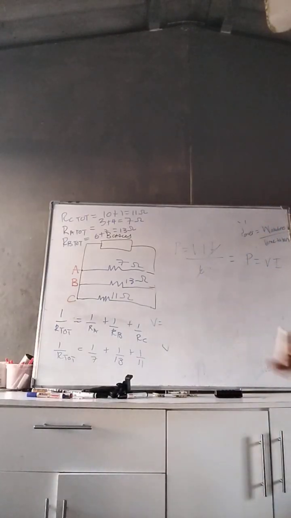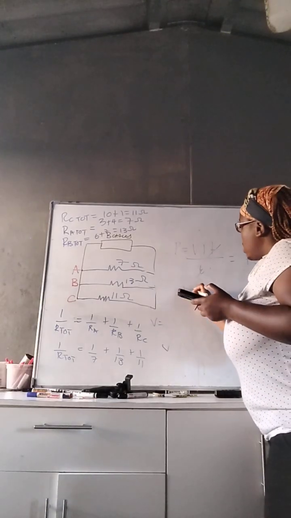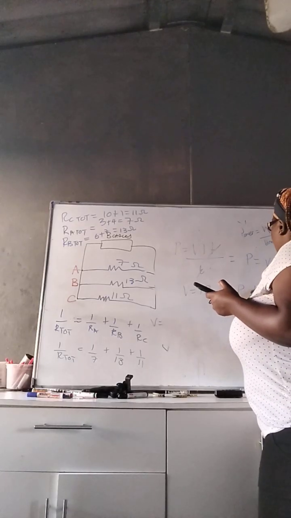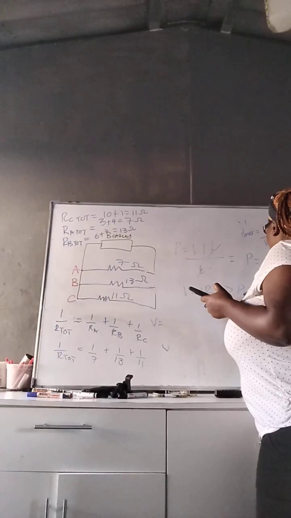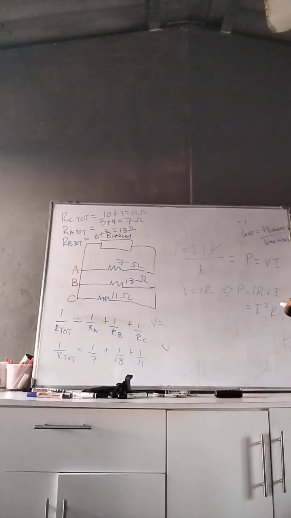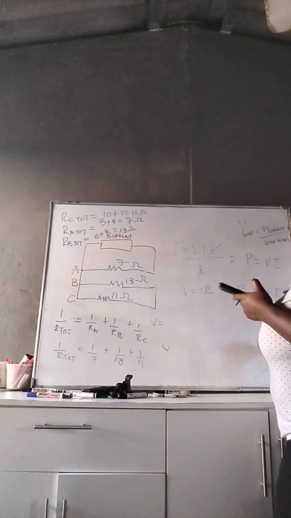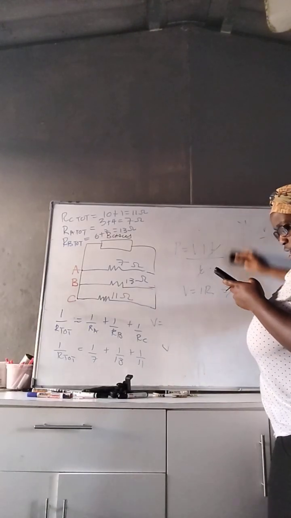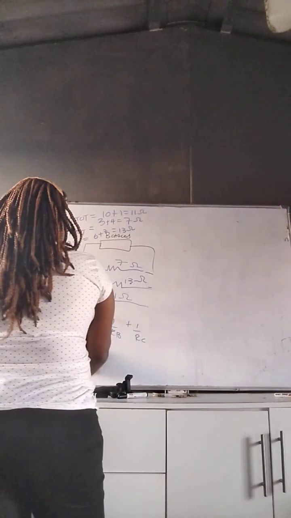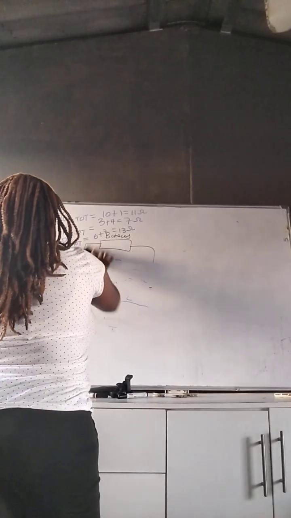But this is in your formula sheet, so there is no need to cram it. And then voltage is the same as IR, so instead of writing it like this, you can now write IR times the current. So power is the same as I squared R, like that. So that's how we can get our answer there.